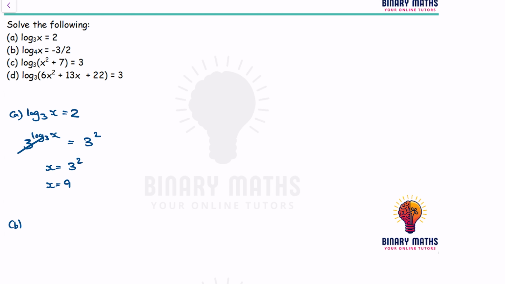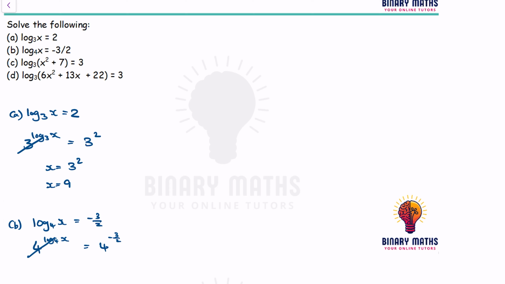If I do B, log base 4 of x is equal to minus 3 over 2. Because it's log base 4, I need to apply 4 to the power of to both sides. So I end up getting 4 to the power of log base 4 of x is equal to 4 to the power of minus 3 over 2. So these two cancel out.